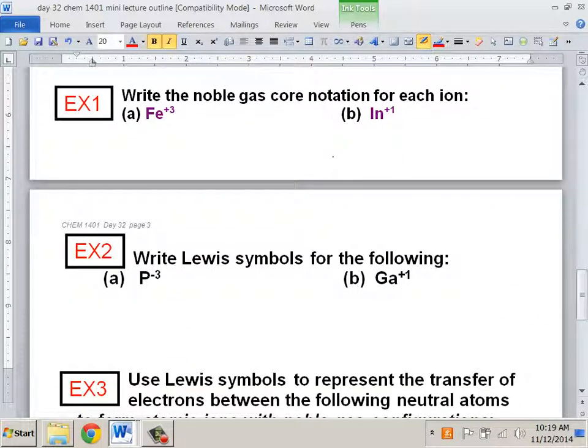Write the noble gas core notation for each ion. Okay, Audrey, how would you do this? Well, let's give you some time first. You guys write the noble gas core notation.